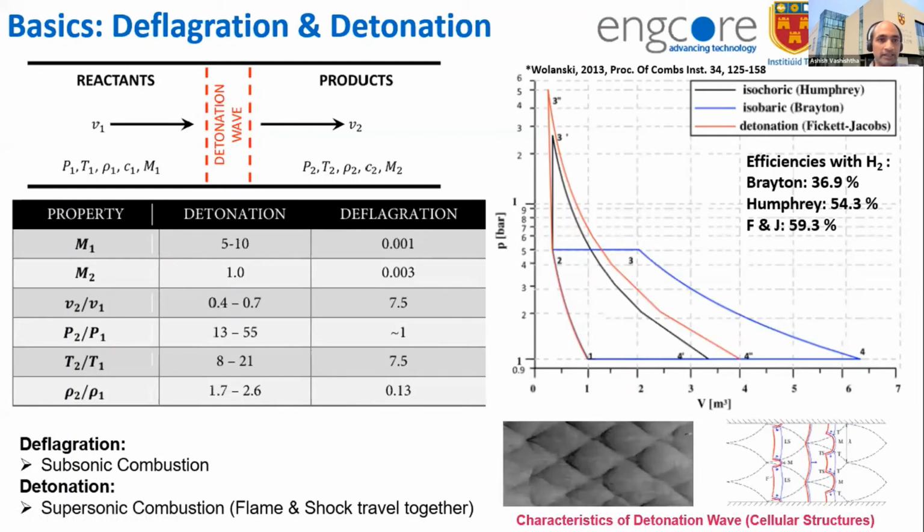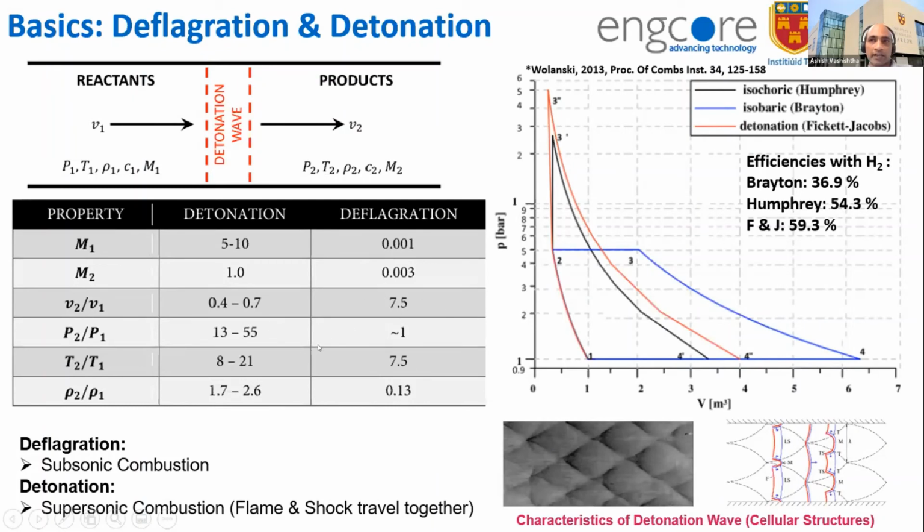There is a difference between deflagration and detonation. Normal fire, or the combustion you see in gas turbine combustors, is mainly deflagration, a low-speed combustion. Then there is another kind of combustion called detonation. You can find a wave between the product and reactant, with different properties. The pressure change across the detonation wave is tremendously higher than across the deflagration wave.